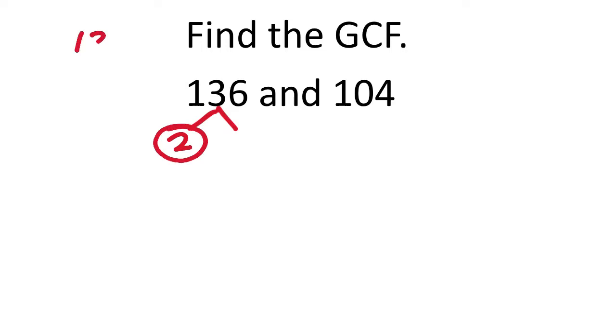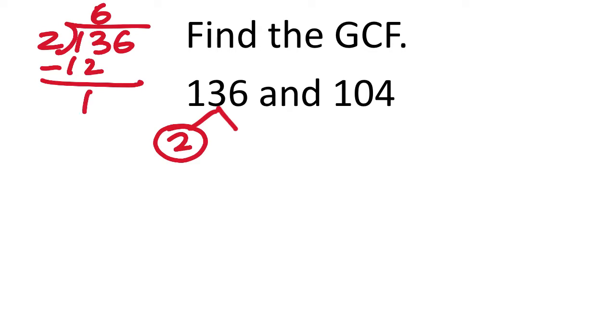So I'm going to have to use some long division up here and see what that other factor is. 2 won't go into 1, but it will go into 13 6 times. 6 times 2 is 12. Subtract, you got 1 left over. Drop the 6 to make it 16. 2 will go into 16 8 times. So that'll cancel out the 16, and the other factor there is 68.